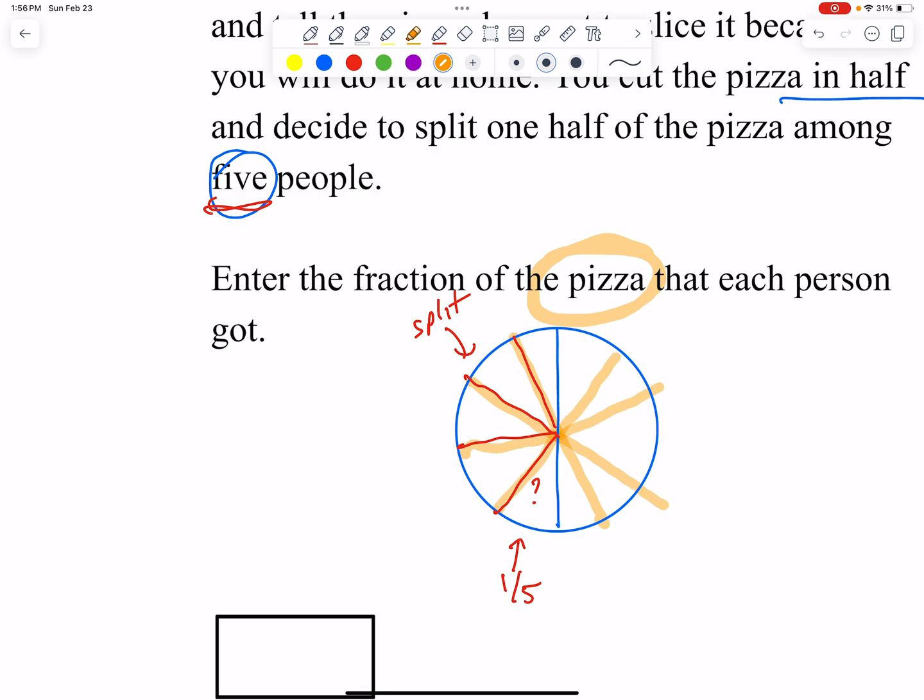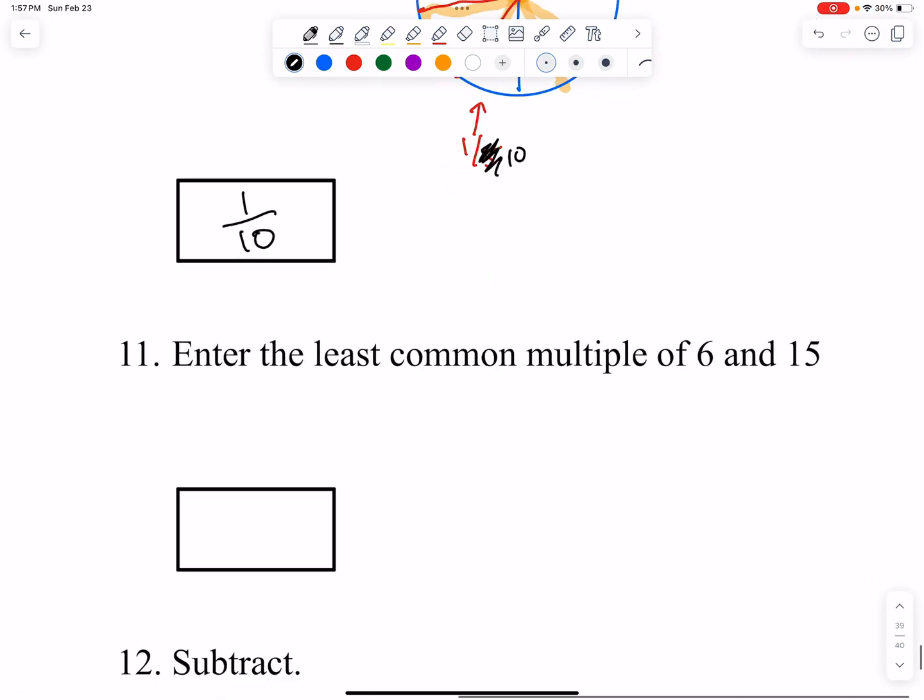So the whole pizza is actually 10 slices. So in reality, you didn't get 1 out of 5. You got 1 out of 10. So hopefully that makes sense, okay? Because it wanted the whole pizza, not the half that you cut.